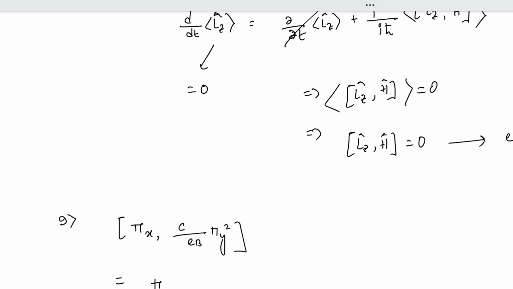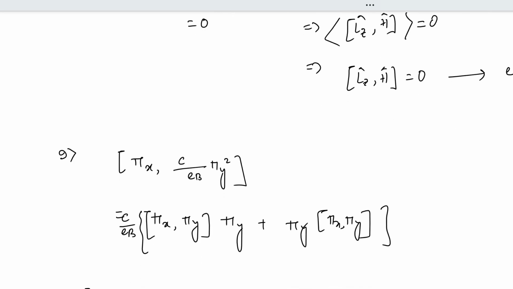So you can break it up like pi x, pi y plus pi x, pi y, and this c by eB is a constant term, so it comes outside.